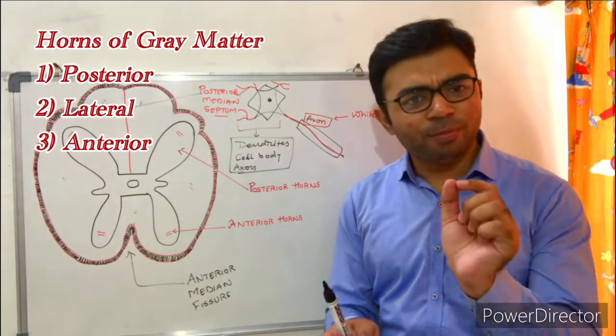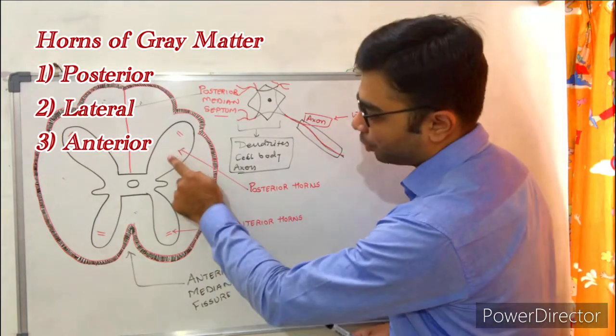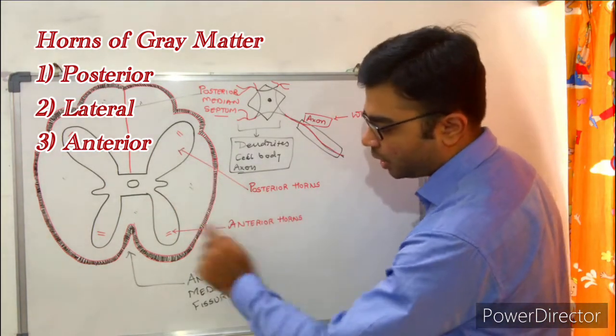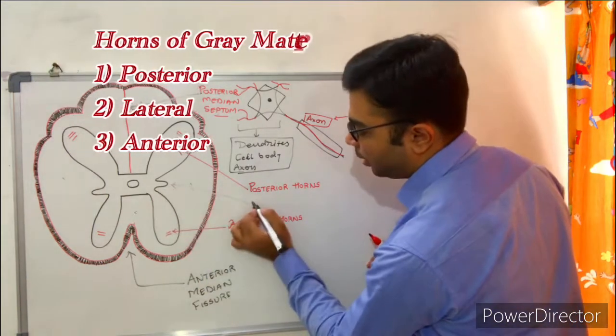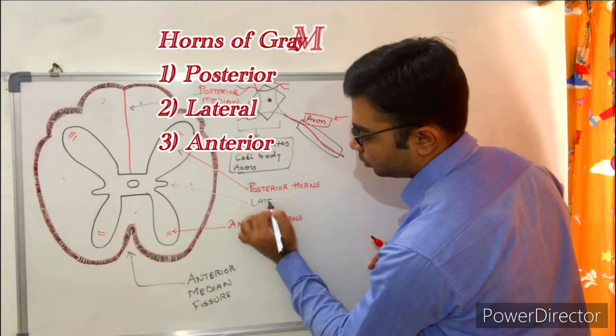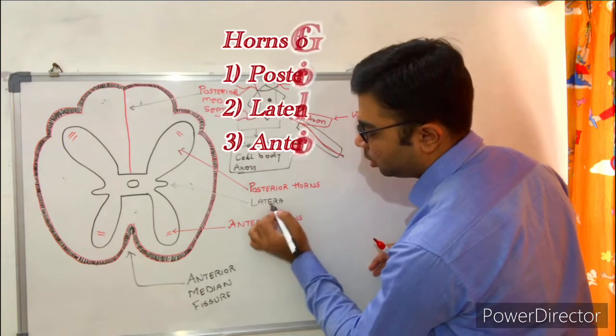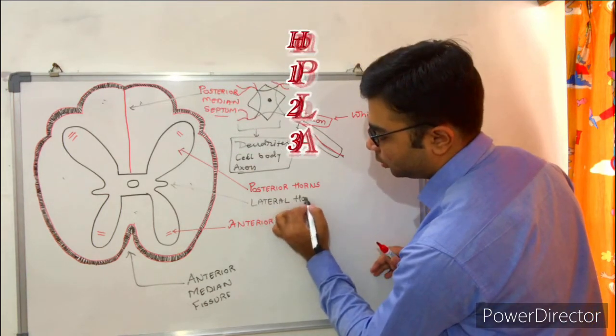And a small projection between the posterior horn and the anterior horn is termed the lateral horn.